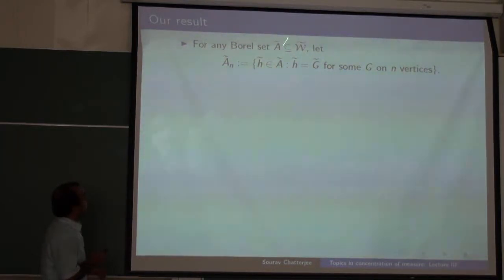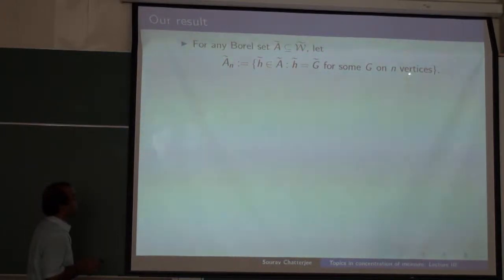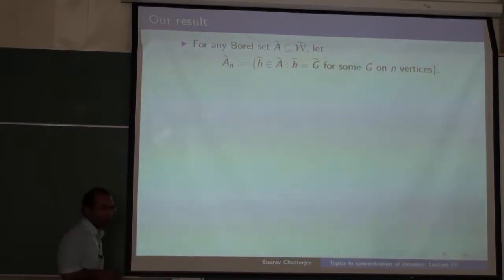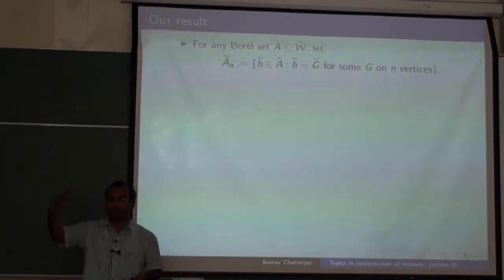A property is represented as a Borel subset of this quotient space. So you take a Borel subset of W tilde, and that's your property. Graphs on n vertices having this property is the set of all elements of this A tilde which are images of graphs on n vertices. You remember that graphs are embedded as functions on the unit square.